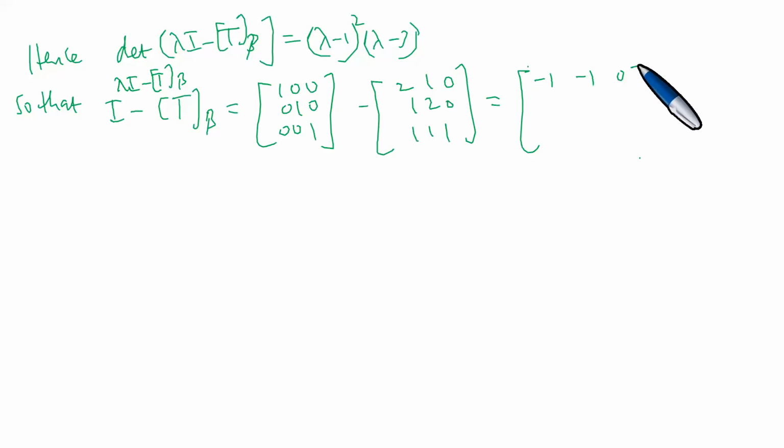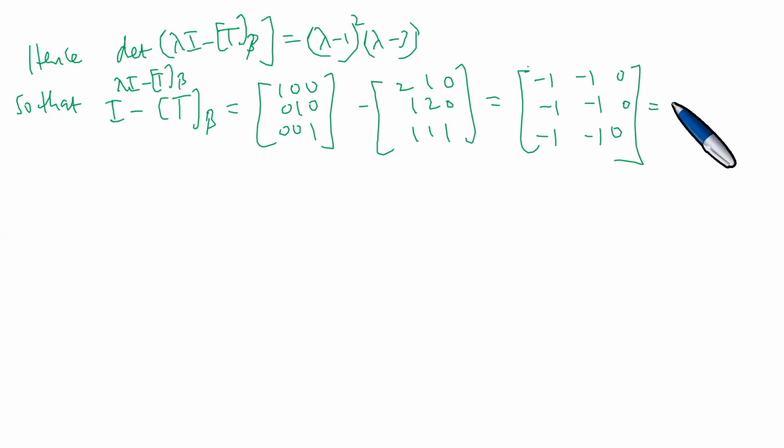The rest is minus 1, 0, and 1 minus 2 is minus 1, 0, minus 1, 0.